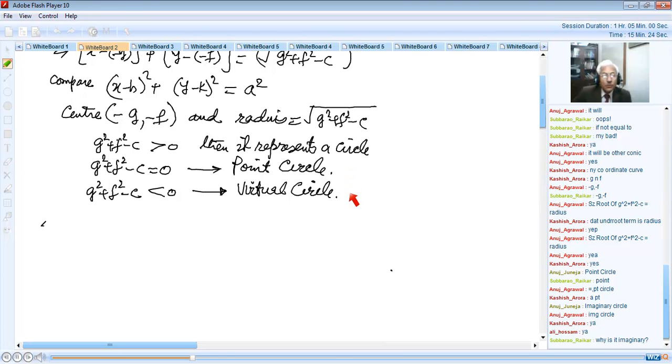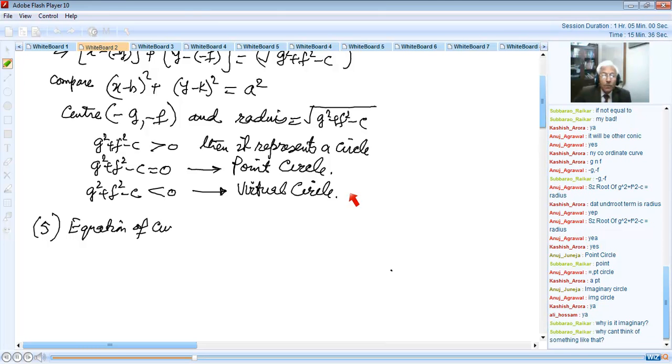We come to the 5th point now. What can be the equation of a circle where 2 endpoints of a diameter are given? There are many diameters of a circle, and one diameter is given.